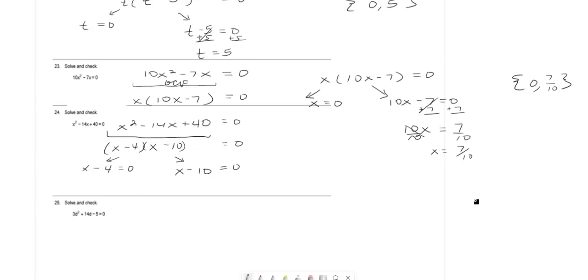So to solve for this equation, I simply add 4 to both sides, where x equals 4. So that's our first solution. I'm just going to put it here. And the second equation, I will add 10 to both sides to solve for x, and x equals 10. So we have 4, 10 for our solution there.